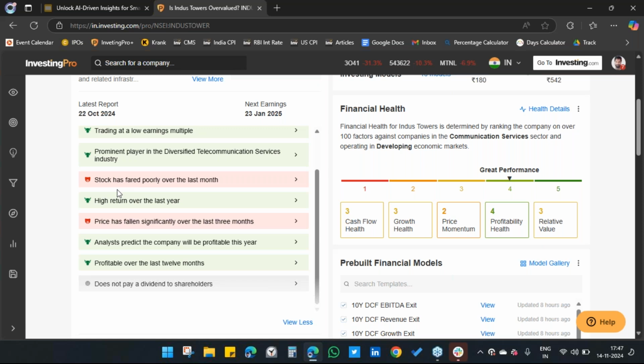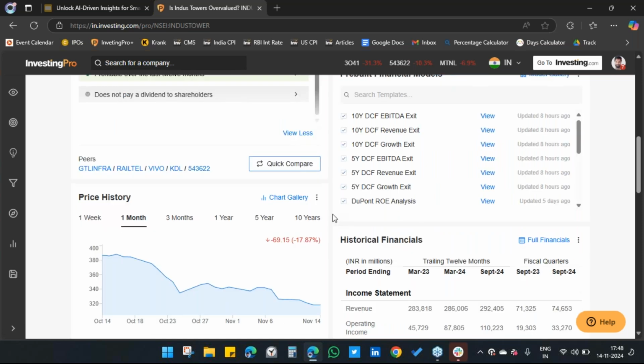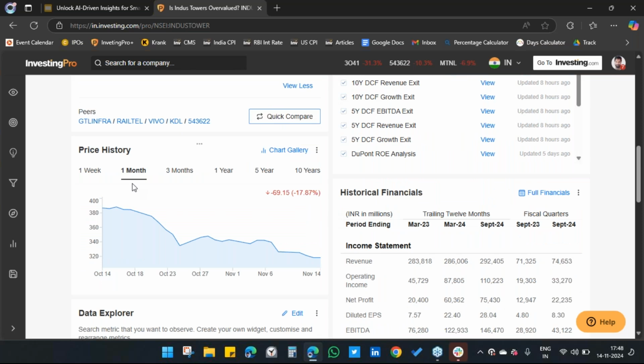What does that mean? ProTips says that the stock has fallen quite sharply in the last 1 month. So you would probably want to at least consider this information before buying the stock. If you go a little bit lower, you see the 1 month chart. It has fallen by 17.8% in the past 1 month.